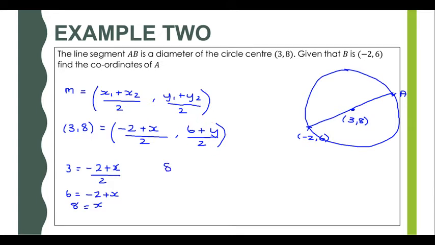So 8 is equal to 6 plus y over 2. And again, we can get y by itself. So times by 2 on both sides, and we get 16 is equal to 6 plus y. Subtract 6 from both sides, and we get y is equal to 10. So the coordinate of A is 8, 10.